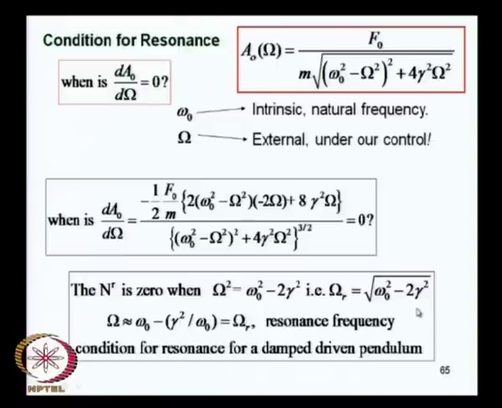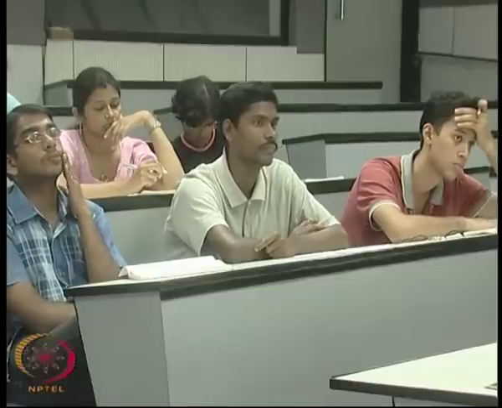That is just a straightforward expansion in which I have factored out omega 0 square and then expanded the term omega 0 square minus twice gamma square to the power half. So, this is the resonance frequency, and it gives the condition under which the damped driven oscillator will have maximum amplitude oscillation.